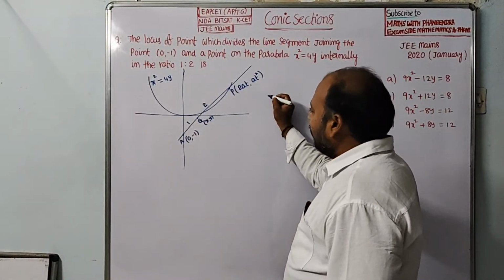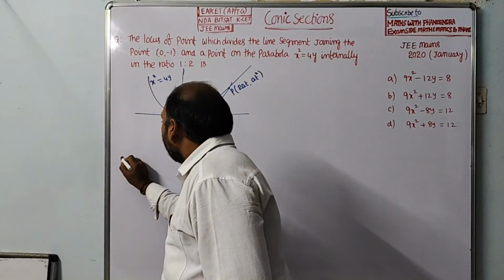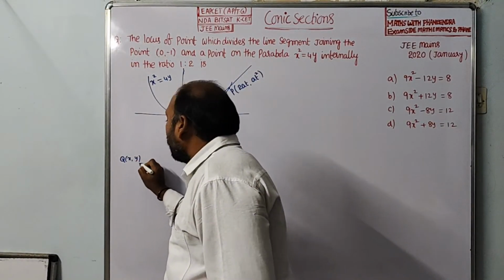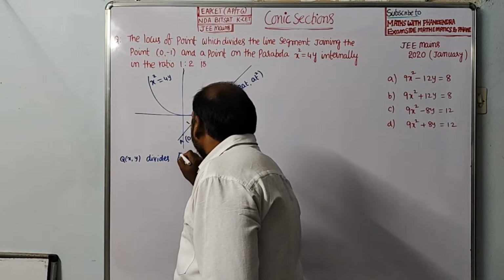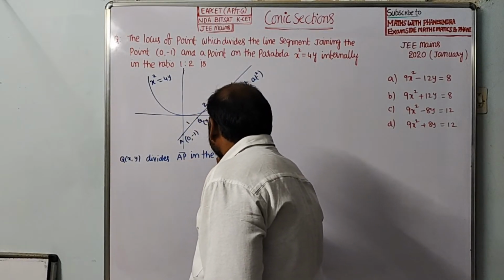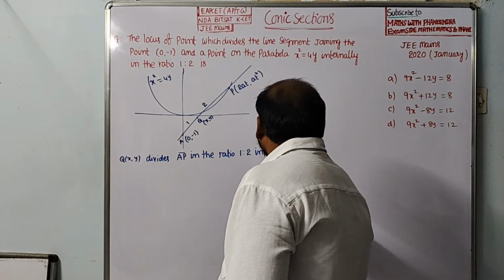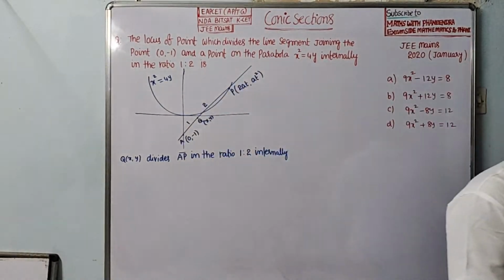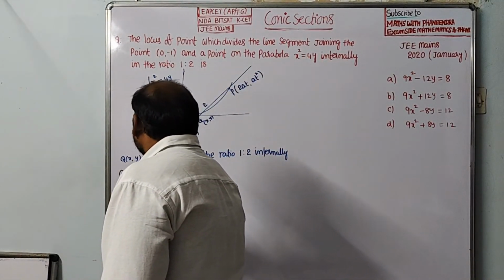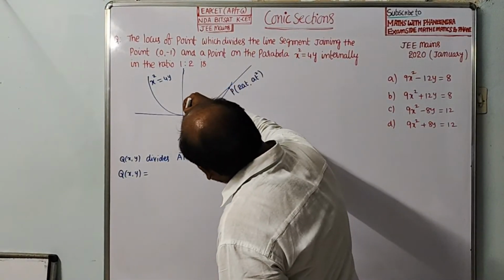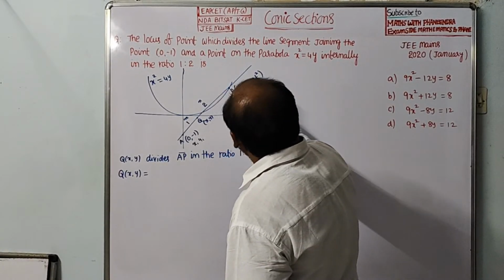So the figure I am going to draw roughly, we can understand easily. Q of (x, y) is the locus point, and it divides AP in the ratio 1:2 internally. So Q of (x, y) equals, this is m, dear students, this is n, this is (x1, y1), this is (x2, y2).